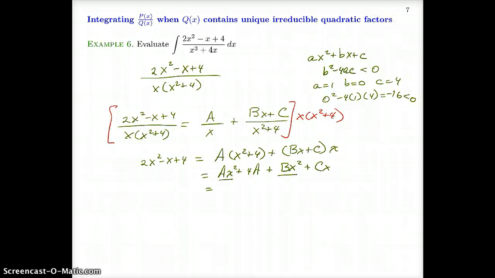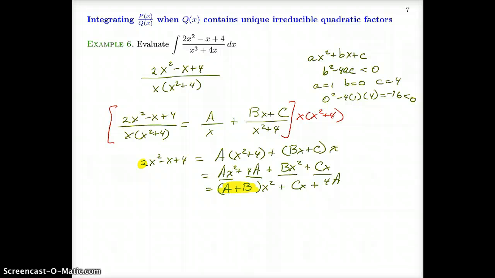So I've got an ax squared and a bx squared, so that's an a plus b times x squared. And then I've only got one x term there, cx, and I've got one constant, 4a. And then I can set whatever's in front of x squared on one side of the equation equal to whatever's in front of x squared on the other side of the equation.